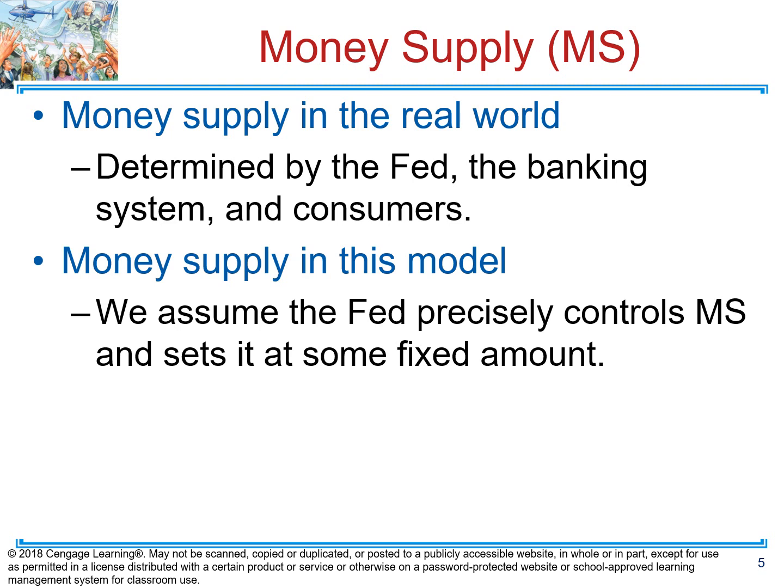Now, who determines the supply of money in the real world? In the United States, the Federal Reserve and the banking system basically determine the money supply. So we assume the Federal Reserve controls the money supply.